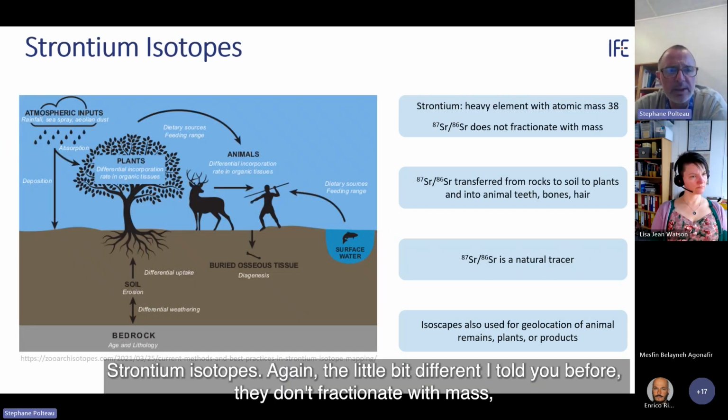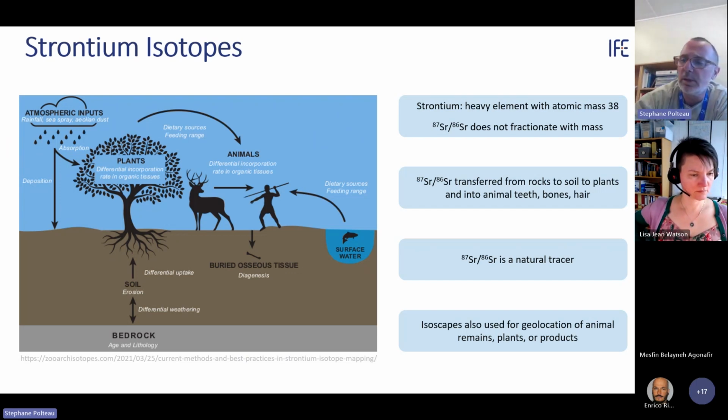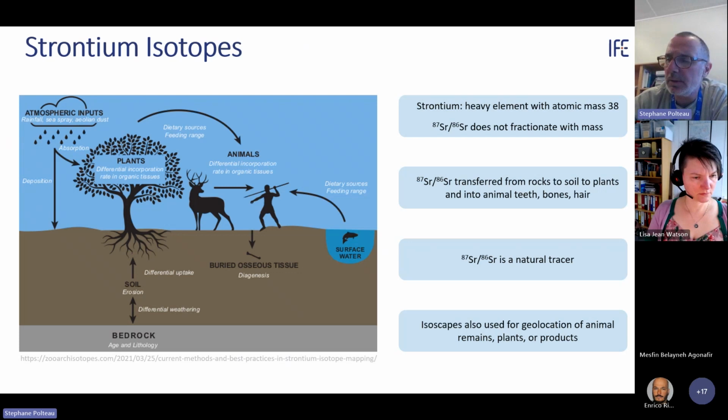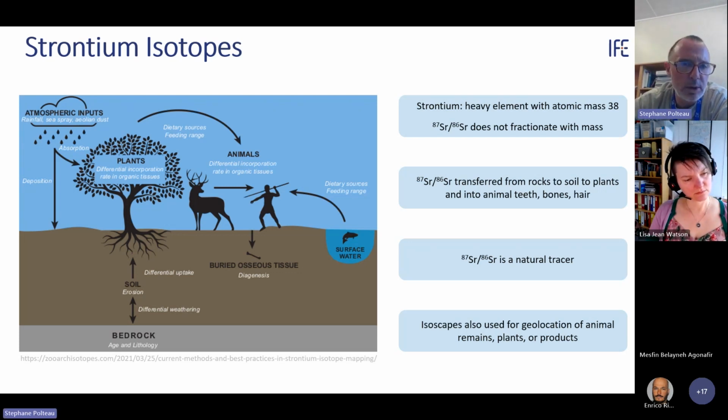Strontium isotopes, again, are a little bit different. I told you before, they don't fractionate with mass. They're used as a natural tracer, and they've been used before for understanding the migration of populations.